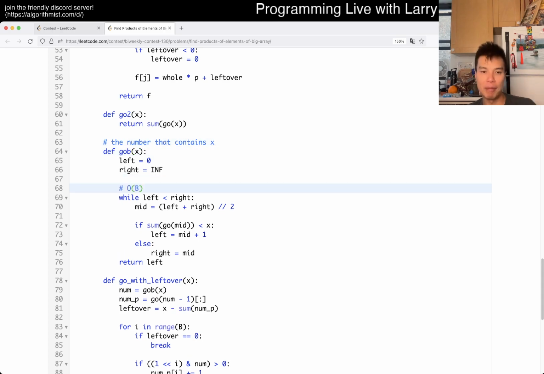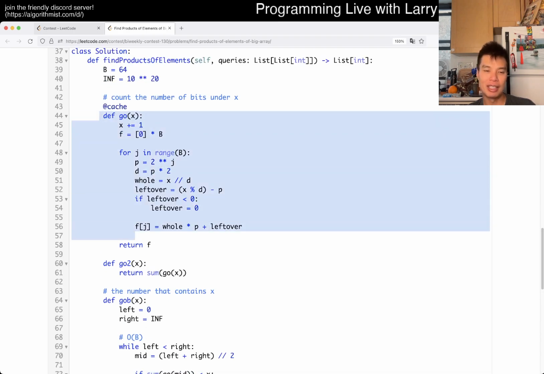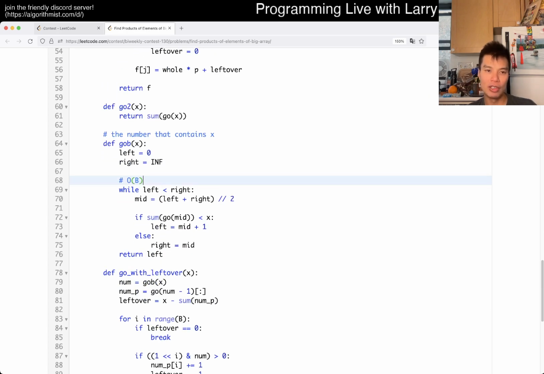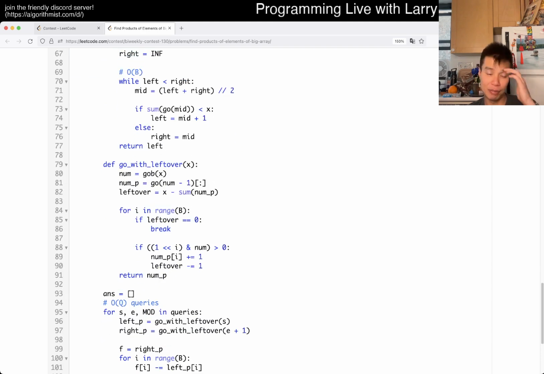Binary search is the number of bits. But it calls this go function, and this go function is just O of number of bits as well, right? Because it just does an O of B loop. So in total, this function is going to be O of B squared, where B is the number of bits, in this case 64.